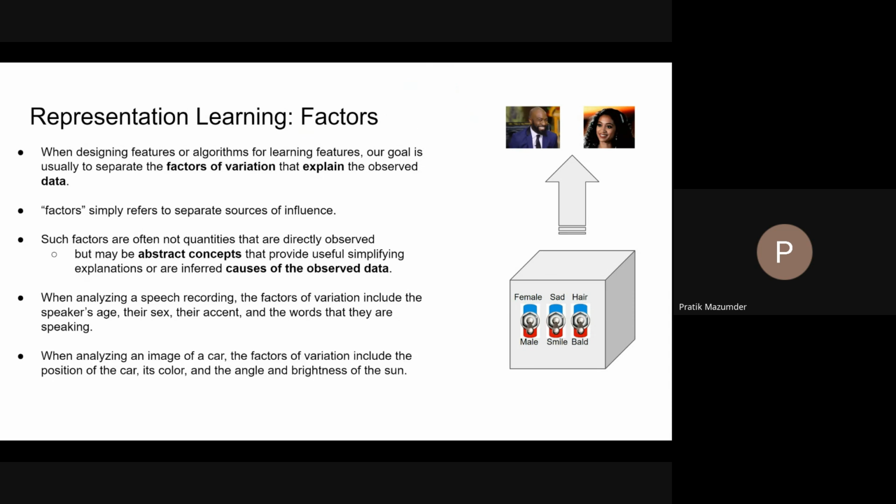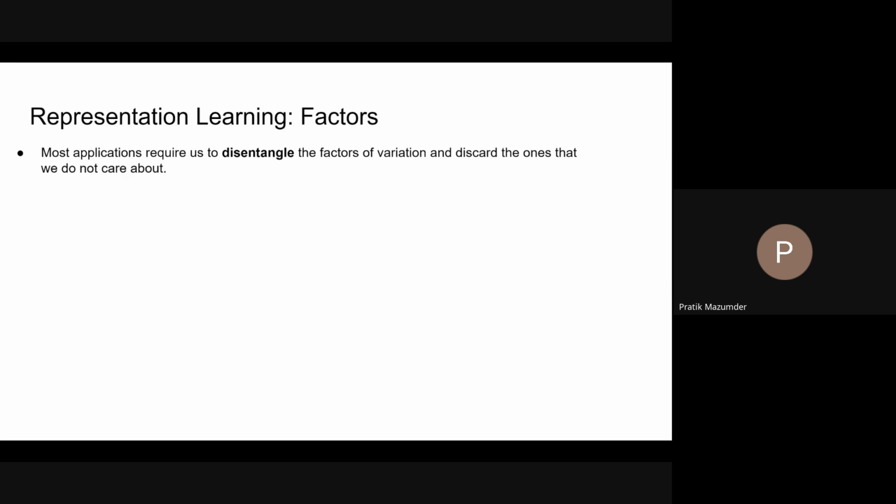Right. So in general, these sorts of factors are not very straightforward to identify directly. Just by looking at it, as a computer, or even as a human being, it might be a difficult thing. But ideally, we want to learn such factors. And as I mentioned, most applications will want, in an ideal situation, disentangled factors of variation. And obviously, for tasks which don't require a particular factor, we'll try to discard those factors.